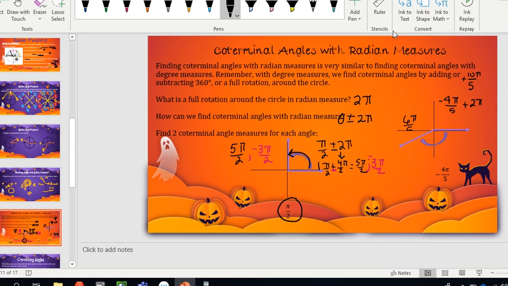And if we have negative 4 minus 10 pi over 5, that is negative 14 pi over 5. So those are your 2 answers. Negative 14 pi over 5 and 6 pi over 5.